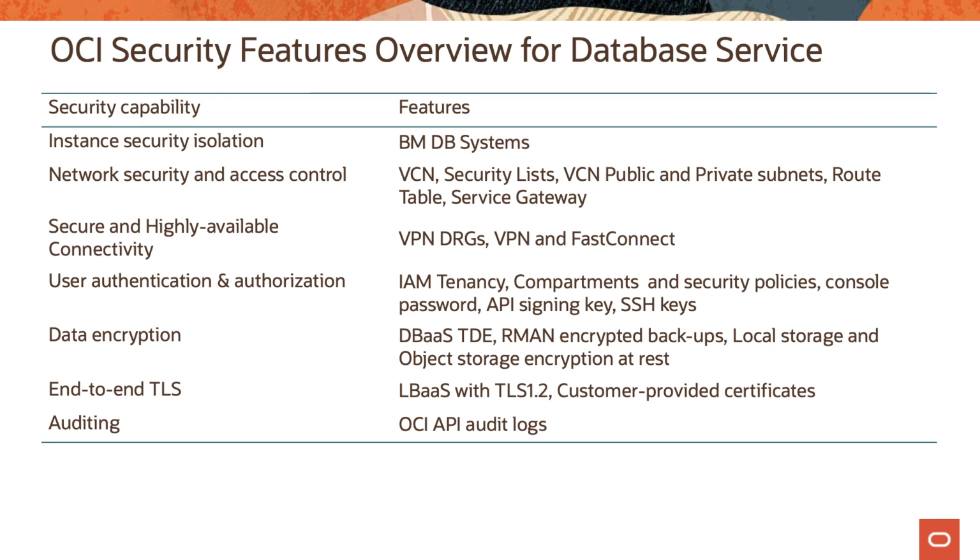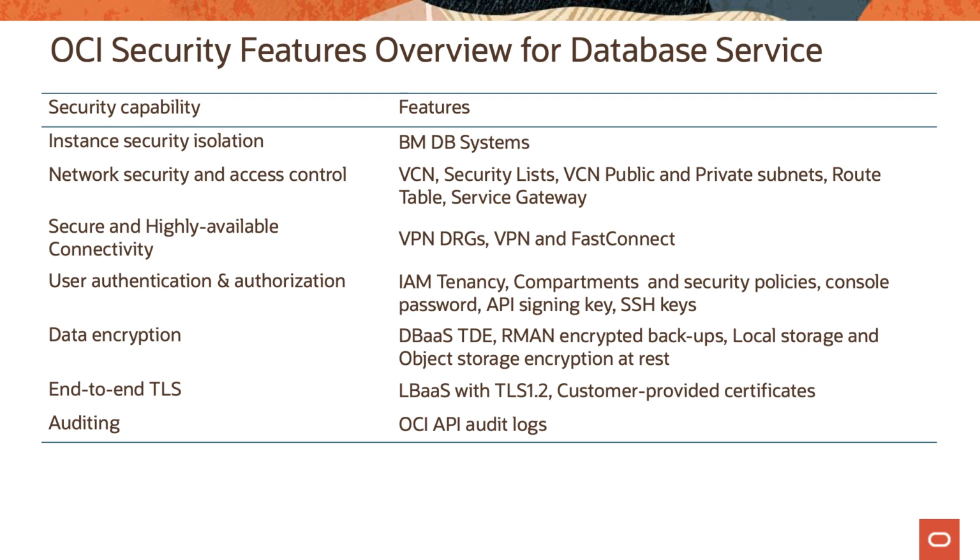In the case of customers who want to ensure that their DB systems are running in a very secure fashion, they can use the features of the OCI network infrastructure to deploy a virtual cloud network and configure security lists and rules so that the databases are deployed properly in private subnets and traffic is isolated only to the applications that are deployed on the OCI infrastructure.